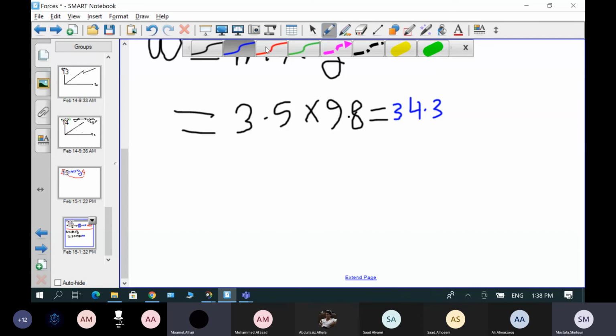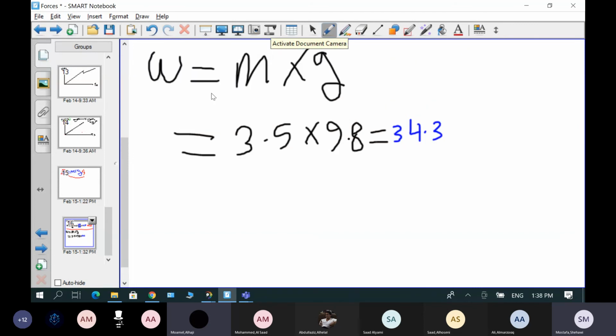Kilogram multiplied by what? Meter per second square. Weight is measured in Newton, because weight is a force, a force downward.